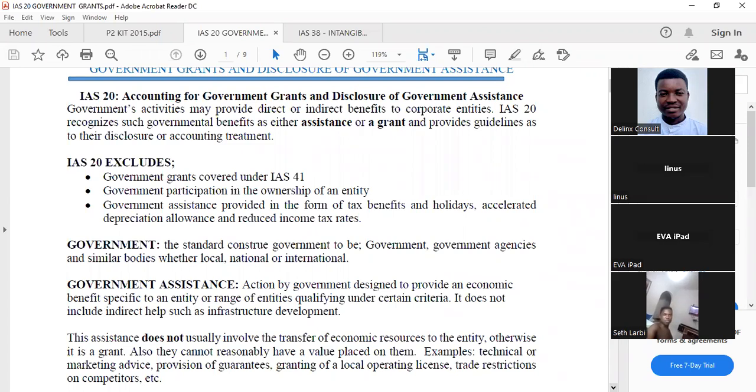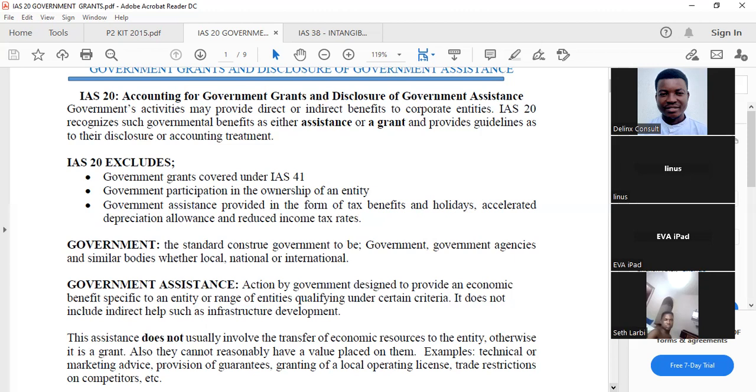So if the grant is given in relation to day-to-day operations, or part of your day-to-day operations, we say that is a revenue grant. But when the grant is given as a result of you trying to acquire a capital asset, say you want to buy machinery and the government is giving you a grant, this particular machinery is an investment in capital assets.